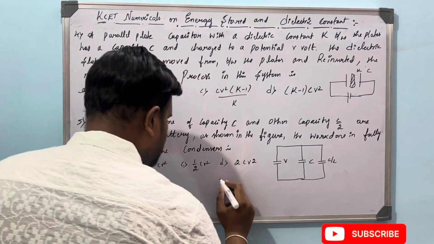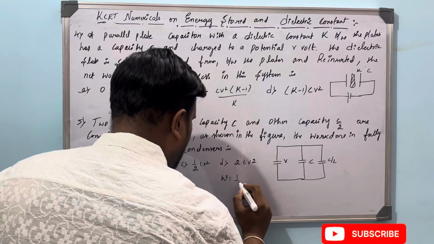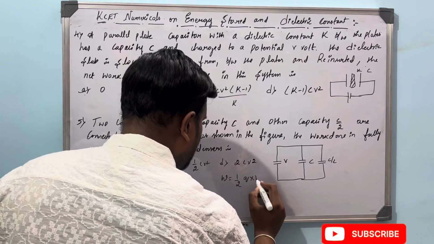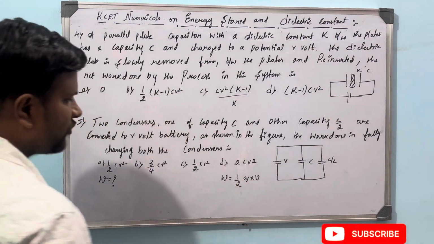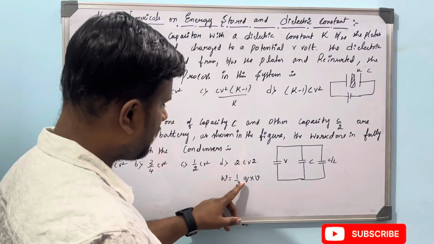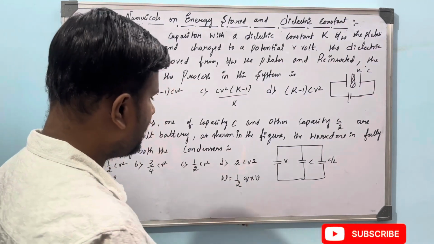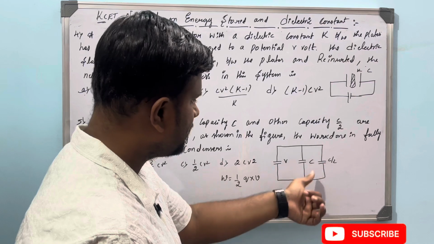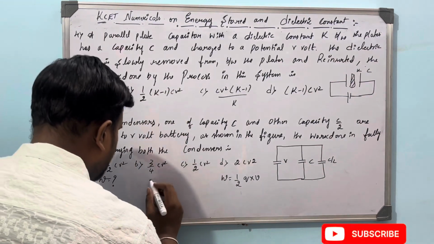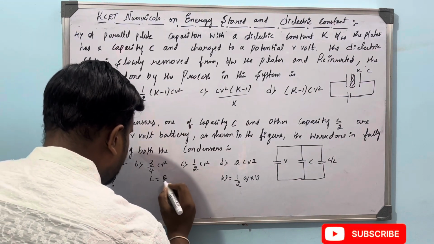Okay, so we know that W is equal to half Q into V. Work done in terms of potential and charge is given by W is equal to half Q into V. Now I need to calculate Q. We know that C is equal to Q by V, right?